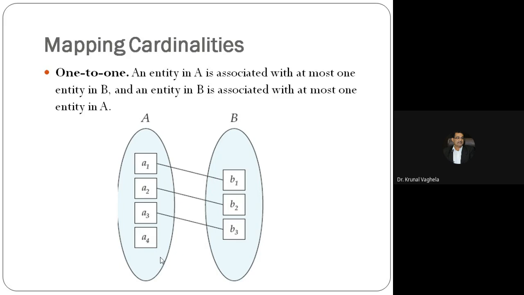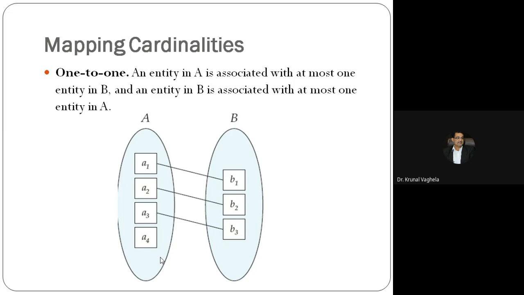Now, a practical example. Consider when I am creating the database, I want to put the constraint. An instructor can be advisor of only one student, and a student should have only one advisor. I'm repeating.